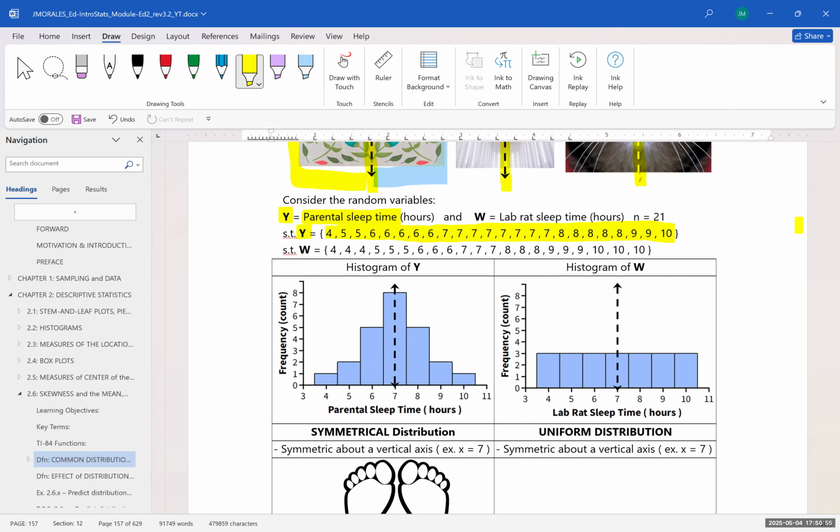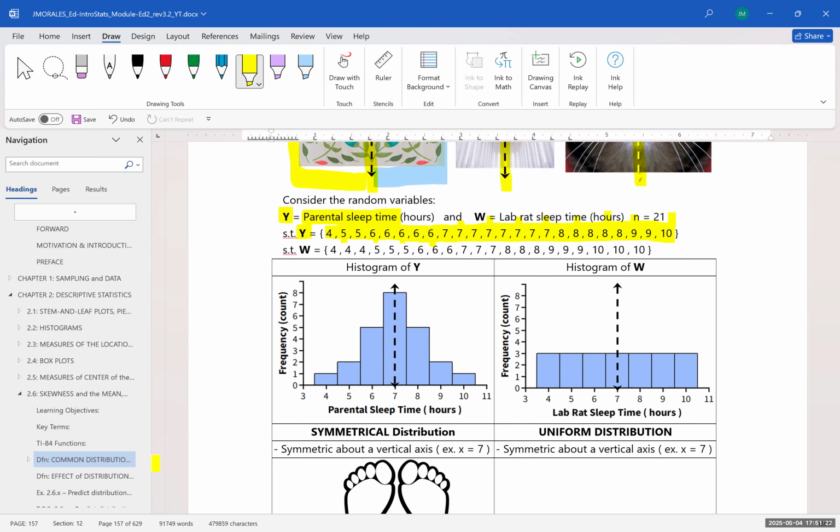I didn't put the sample size on that one. How many do we have? 2, 4, 6, 8, 10, 12, 14, 16, 18, 20, 22, 24. So there were 24 adults, and they were asked how many hours of sleep they get each night. That's the recording of all 24 adults.